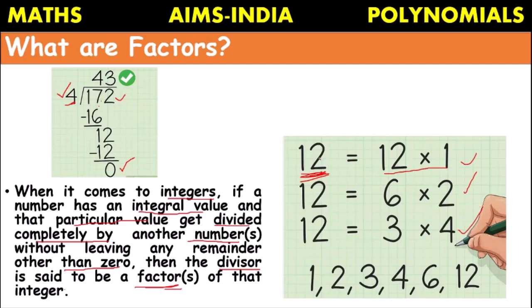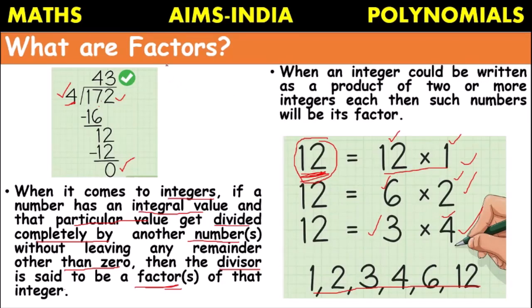This means the given integer 12 is divisible by all these six integers, 12, 1, 6, 2, 3, 4, without leaving any remainder other than 0. So these six are all considered factors of 12.